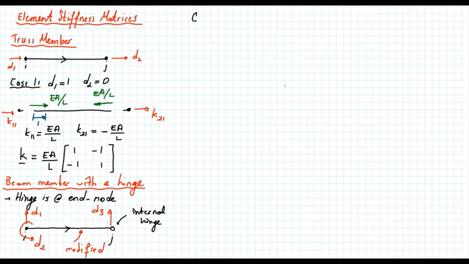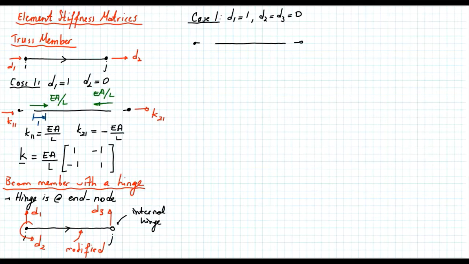Case 1. So D1 is equal to 1, whereas D2 and D3 are equal to 0. Again, I'm doing the same thing. Start node, member, end node.